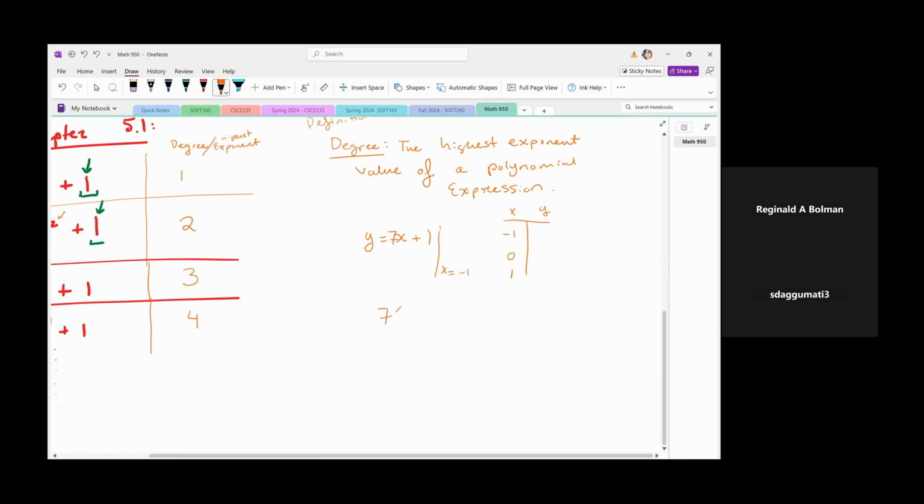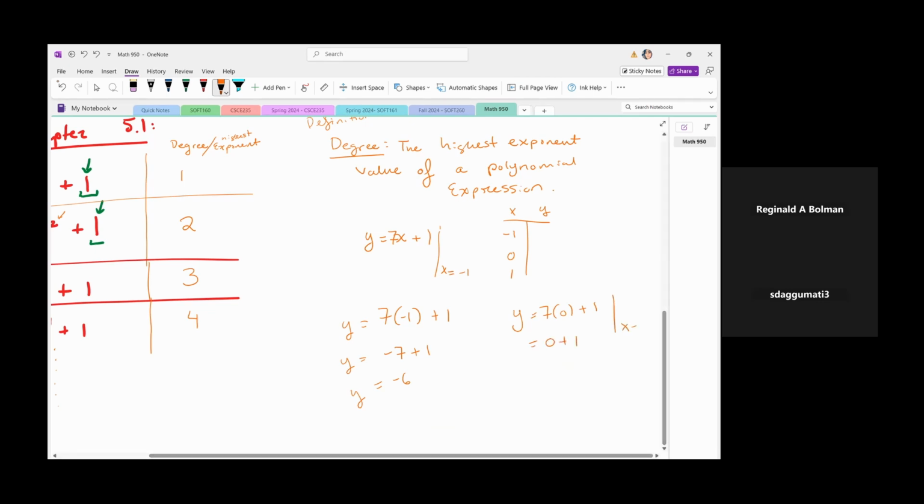So I'm going to plug in, say, a -1 for my x value, and we would naturally determine what the corresponding y value happened to be. So 7 times -1, that would be a -7. Of course, when we add 1, we would get a -6. If I evaluated my expression at x is equal to 0, we'd have 7 times 0 plus 1, which would give me 0 plus 1.